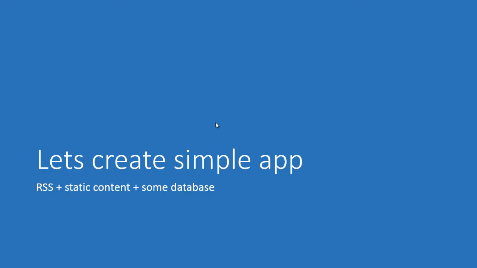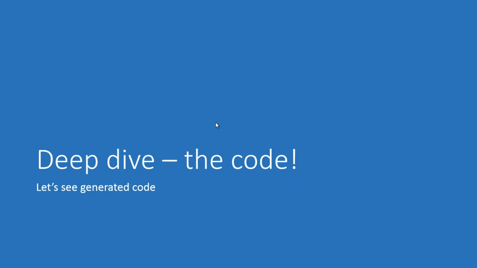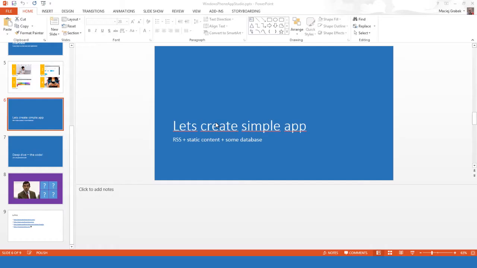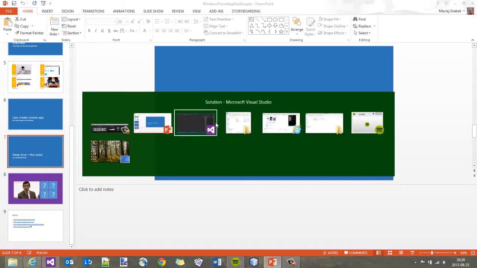So we created a simple application, and now we are going to the deep dive, and we will see some code generated by Windows Phone App Studio. So let's go back to our desktop and Visual Studio itself.